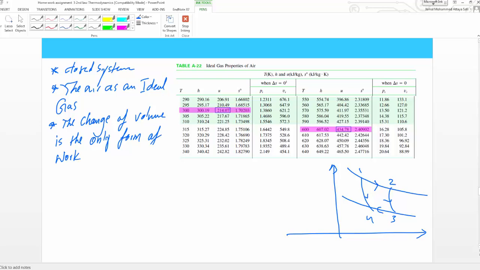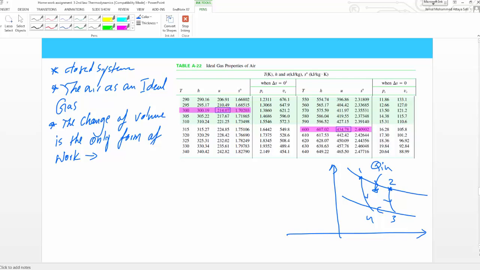And that means that the boundary work is the only work that we have. And let's start the analysis. We have some information about state 2 mainly. And we have also Q in, remember. And then it asks me to find almost the rest.